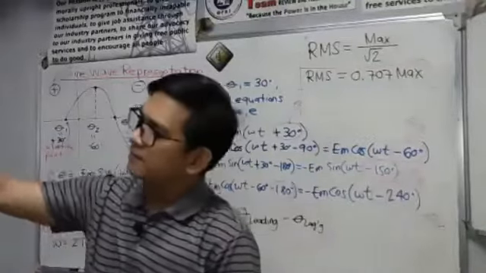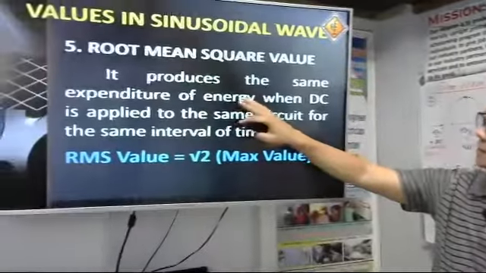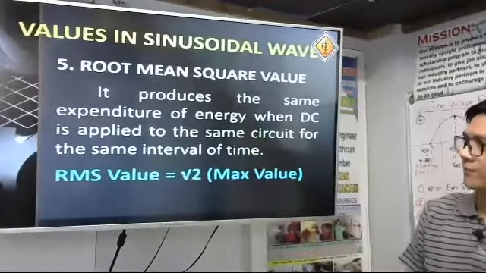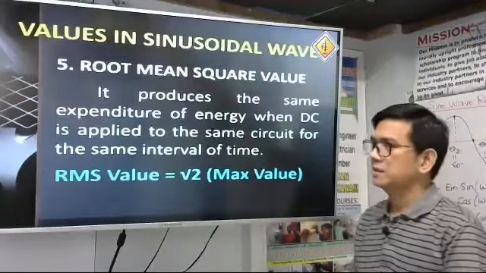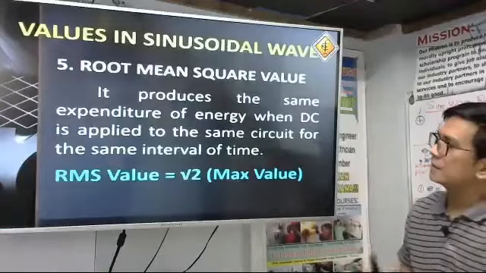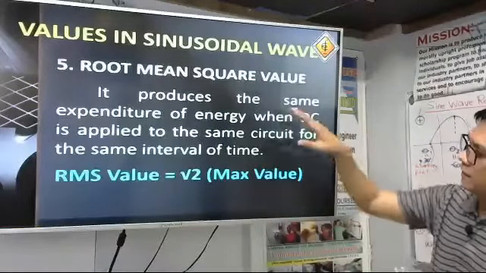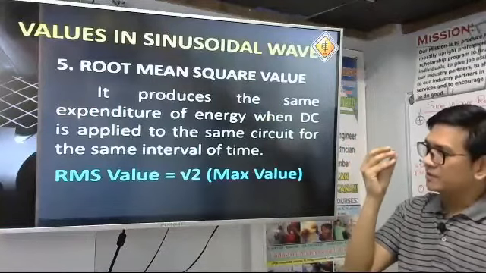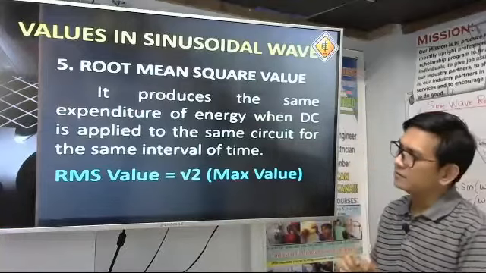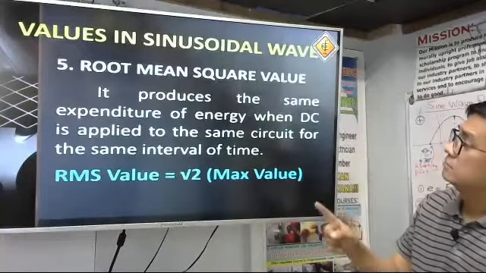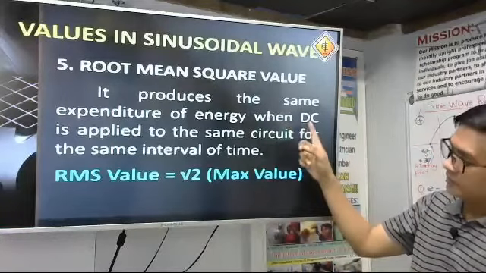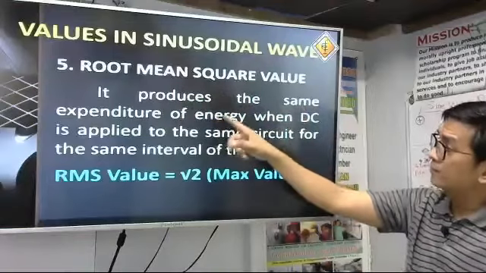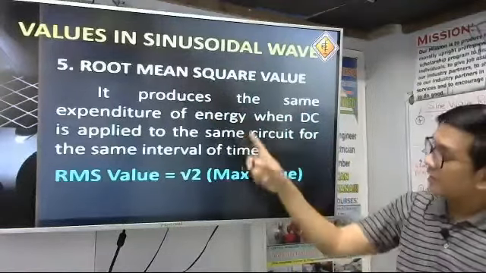Okay, it produces the same expenditure of energy when DC is applied to the same circuit for the same interval of time. So, if we mean root mean square, it says here, for the same circuit, for one circuit, I mean, if you energize this with DC, the root mean square produces the same expenditure of energy when DC is applied to the same circuit.